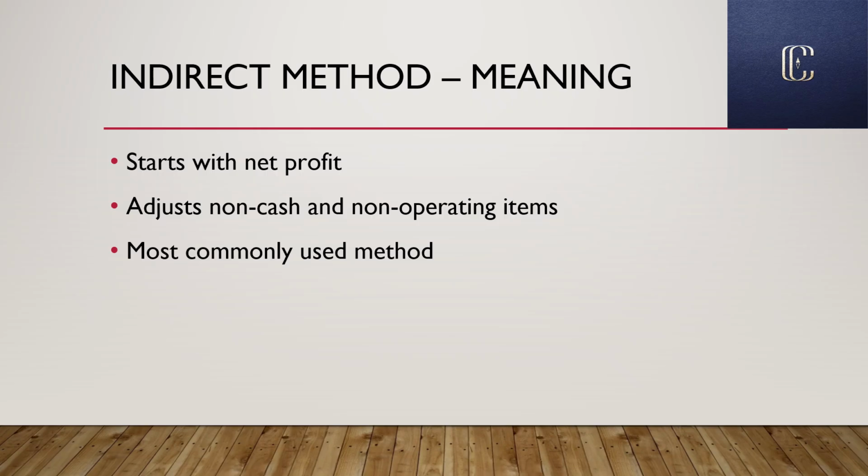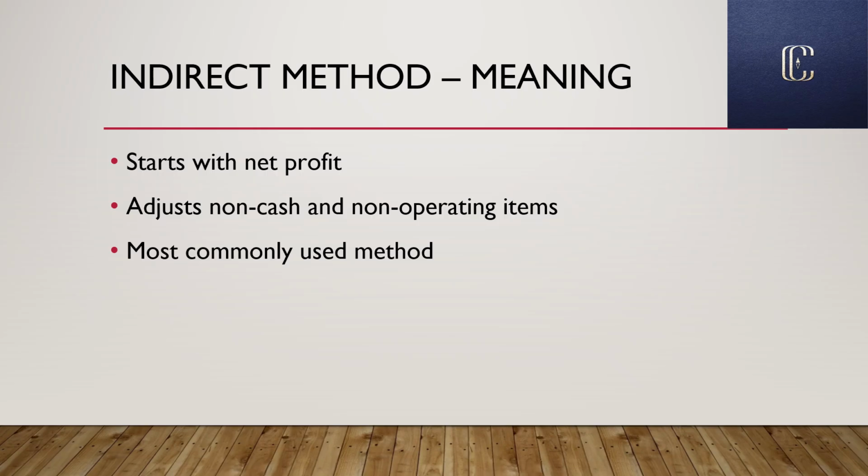So remember clearly, indirect method starts with net profit. It adjusts non-cash and non-operating items. It is the most commonly used method in practice. Direct method shows cash clearly.